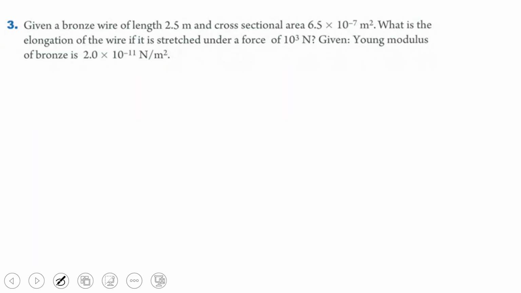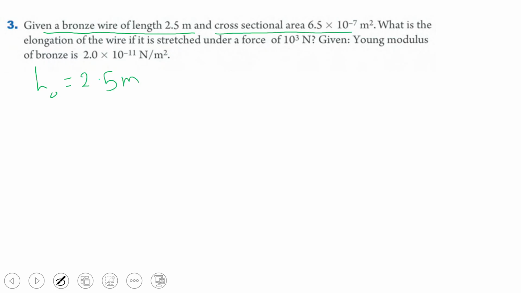Okay, guys. Last question. Look. A given bronze wire has length L naught equal to 2.5 meter.